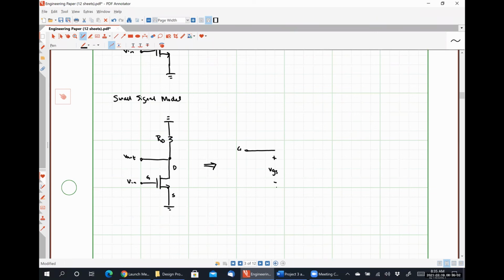Lowercase VGS because we are not looking at a DC circuit. Here is my source, grounded. VGS. My channel length modulation resistance, R naught.